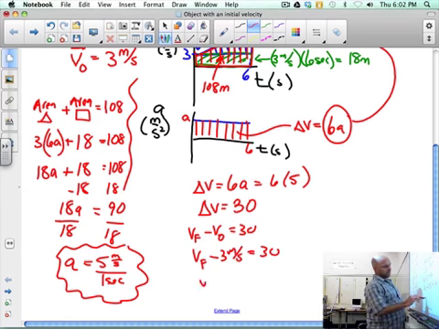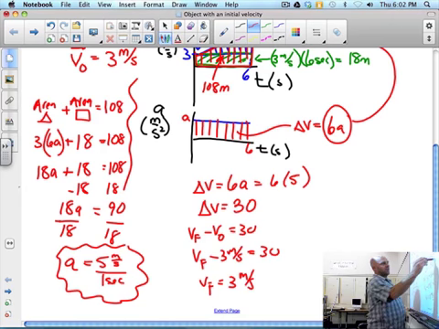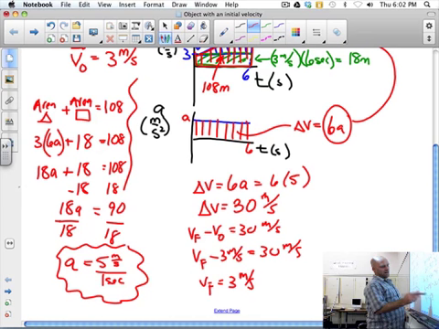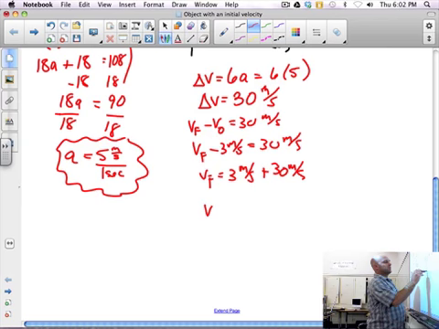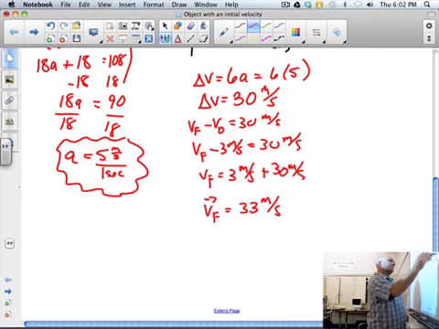So that means my final velocity is my 3 meter per second initial velocity. I'm going to put units on all these because this is so much simpler. So my initial velocity plus my change in velocity, which was 30. And altogether, this means that my final velocity is 33 meters per second.